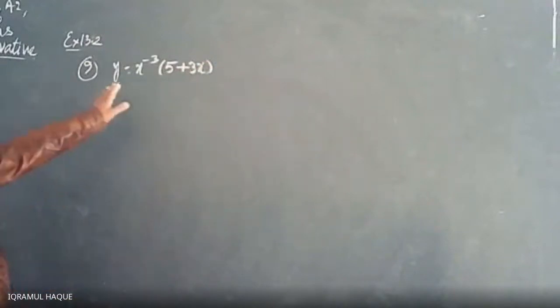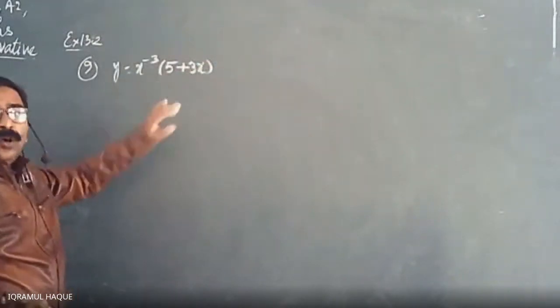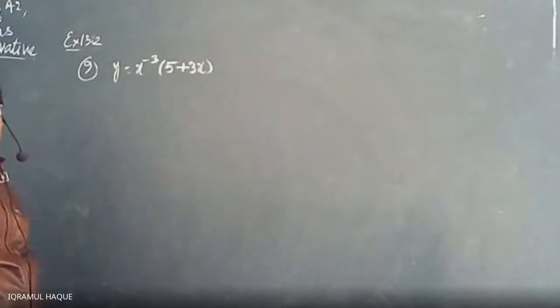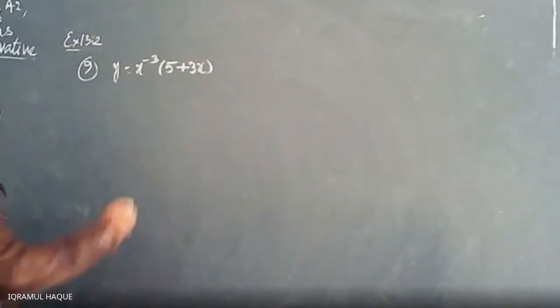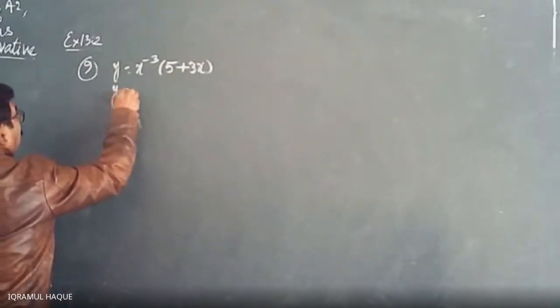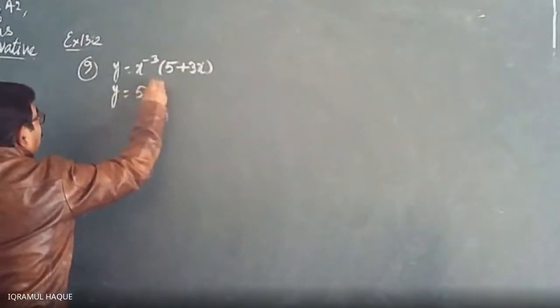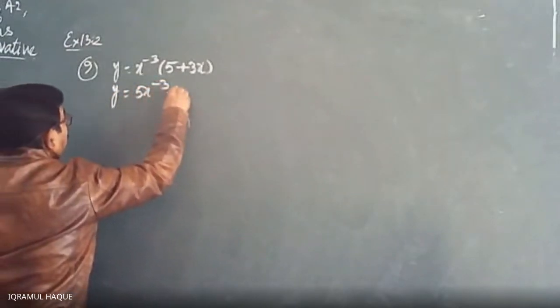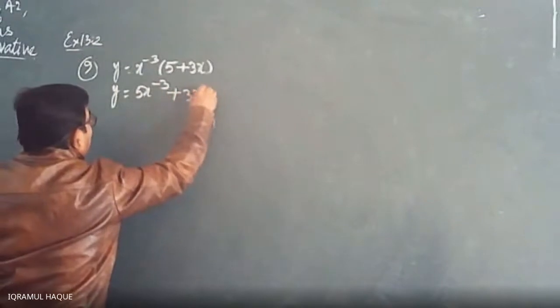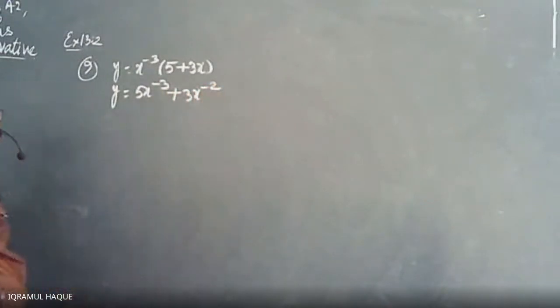You can use the UV rule or multiply this x to the power minus 3 in the bracket. So we can write y is equal to 5x to the power minus 3 plus 3x to the power minus 2. Now find the derivative.